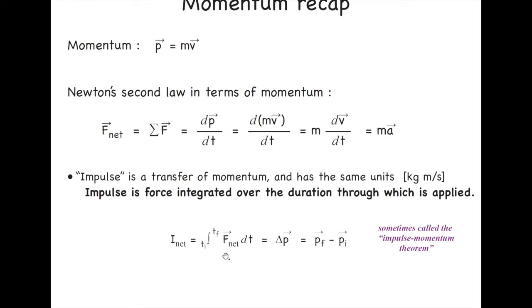So change in momentum equals the integral of F net dt from initial to final time, and that gives us a total change in momentum, which we give the special name of impulse. This is sometimes called the impulse-momentum theorem. Okay, so let's move ahead.